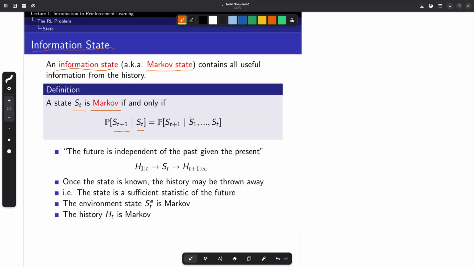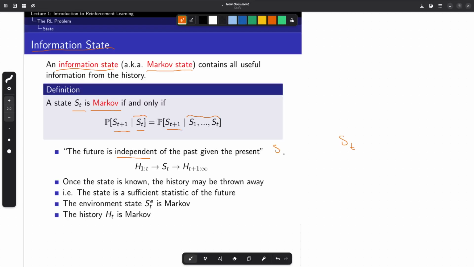So the probability of the next state, given all of the history of states, is equal to the probability of the next state only given the last state, the current state. In other words, the future is independent of the past given the present. So if you have the current state, you wouldn't need all of the previous states.